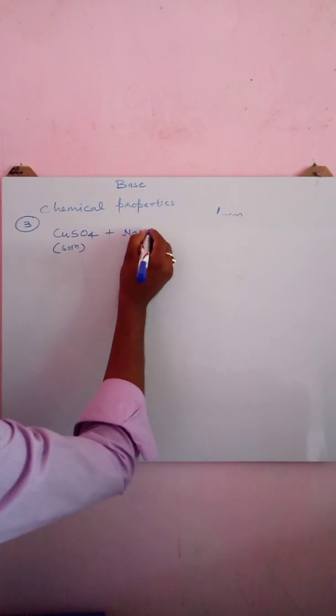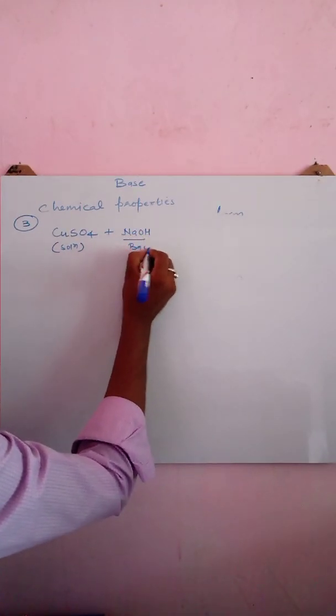When bases react with heavy metal salts like copper, zinc, lead, they form the respective hydroxide in the form of precipitate. Right? For example, copper sulfate is a soluble salt. We have taken a solution of copper sulfate. When copper sulfate solution is treated with the reagent sodium hydroxide, here sodium hydroxide is the base, right?